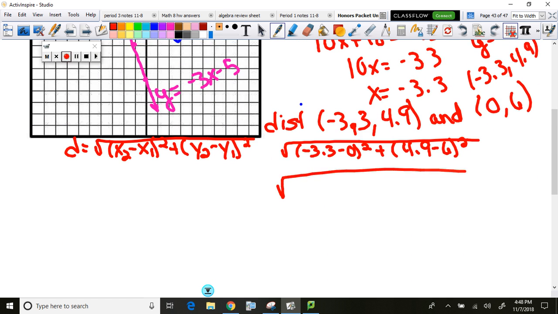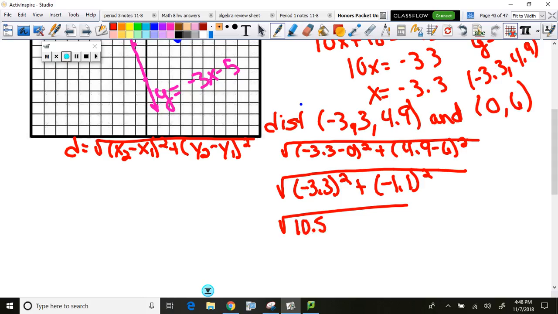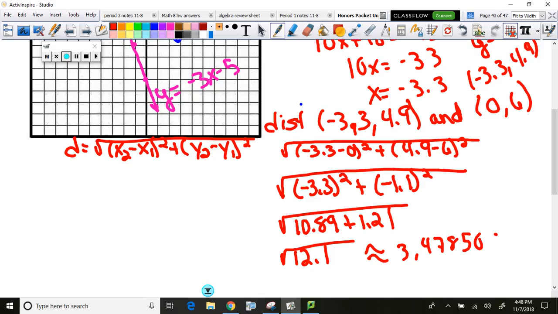So that is the square root of negative 3.3 squared plus negative 1.1 squared, which is the square root of 10.89 plus 1.21, which is the square root of 12.1, which is approximately 3.47850546.